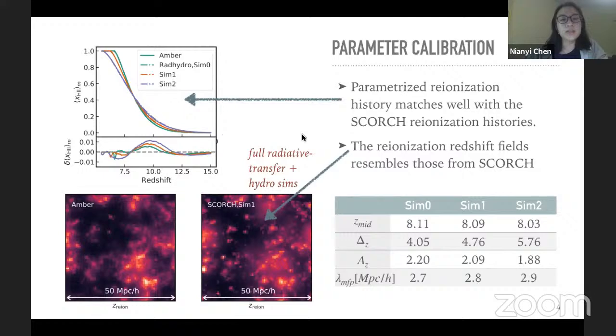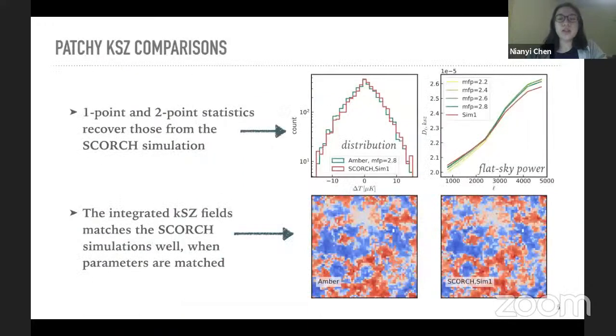Moreover, when we match all of these parameters and calibrate the mean free path parameter, we can simulate the reionization redshift field with AMBER that looks very close to the SCORCH simulation. And we go further by looking at the actual CMB observable maps.